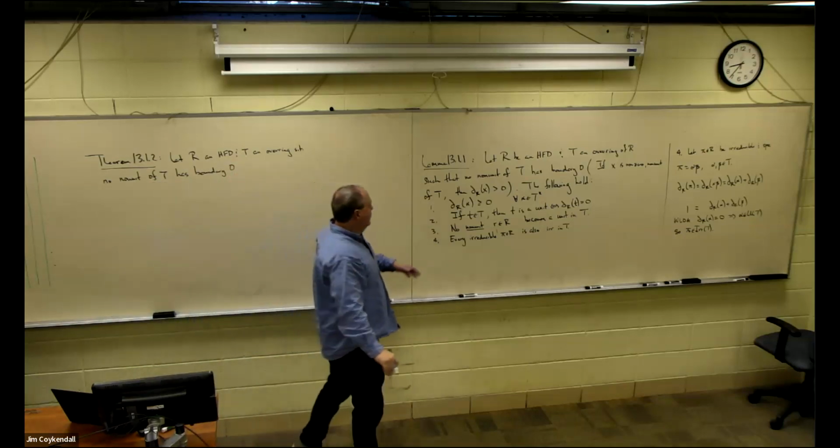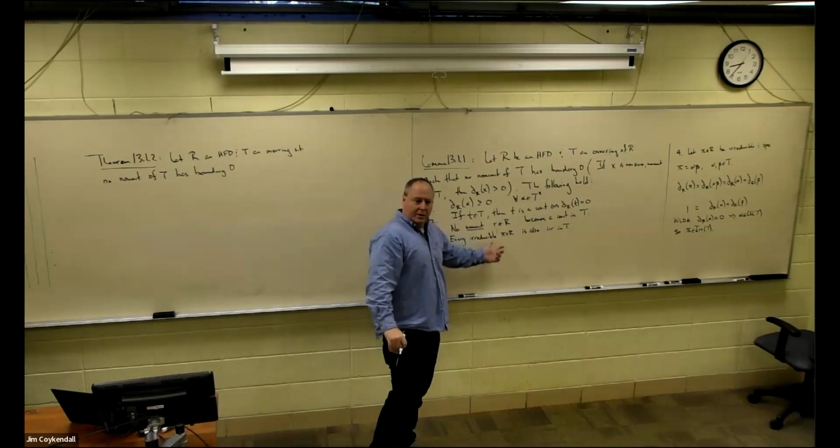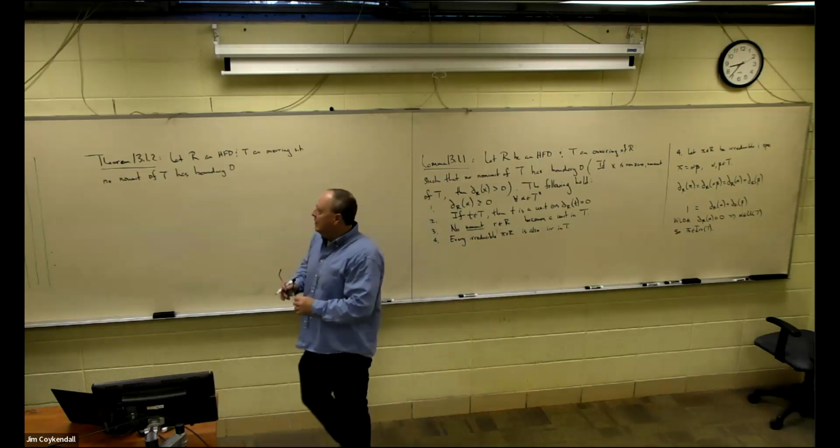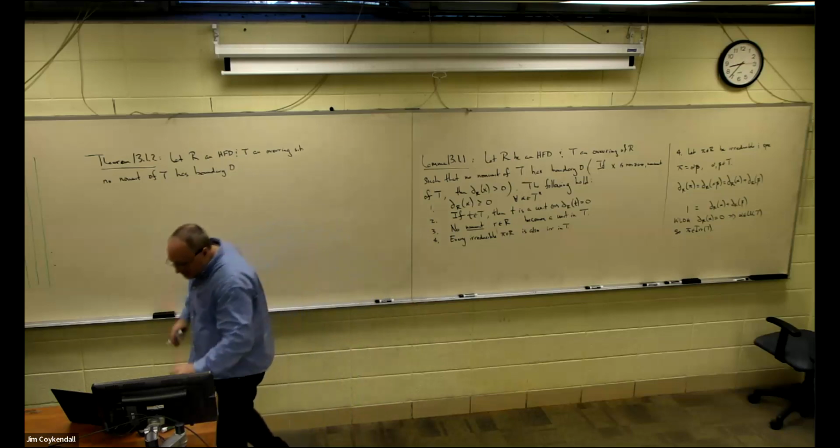This is the same setup as last time. Notice that we're really close here, right? You have that every irreducible pi in R is also irreducible in T. So it's very natural to ask, when is T a half factorial domain?